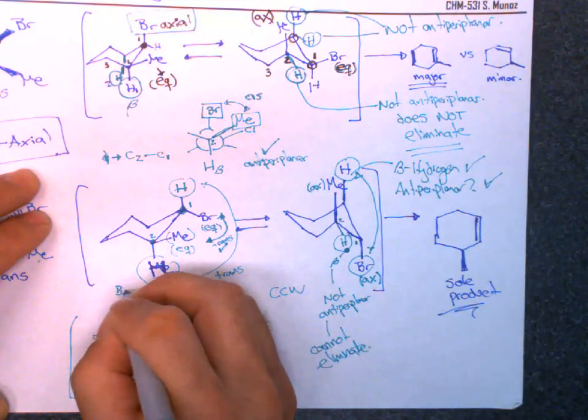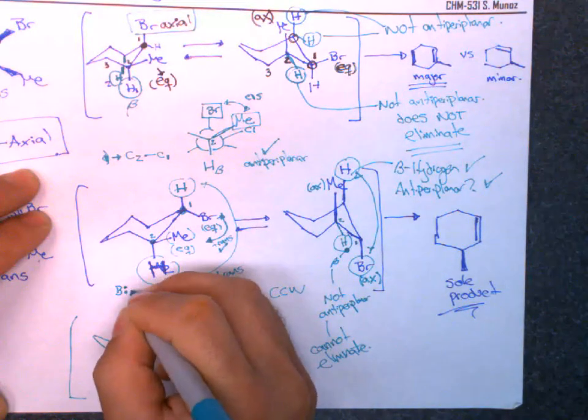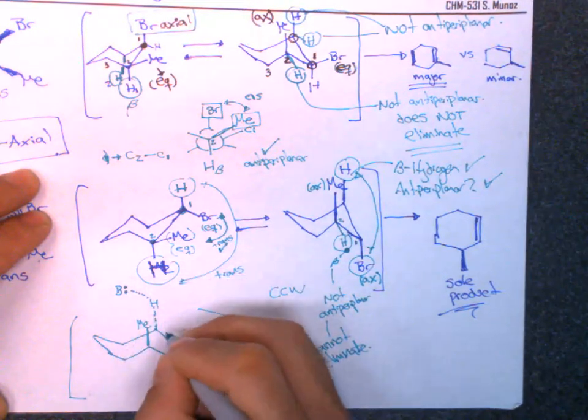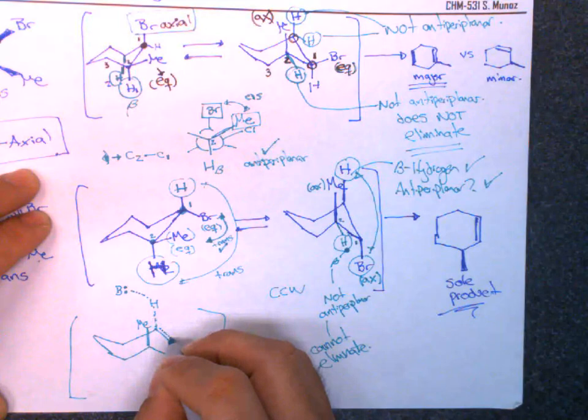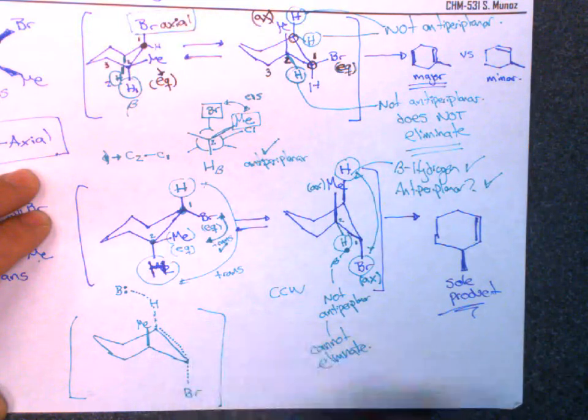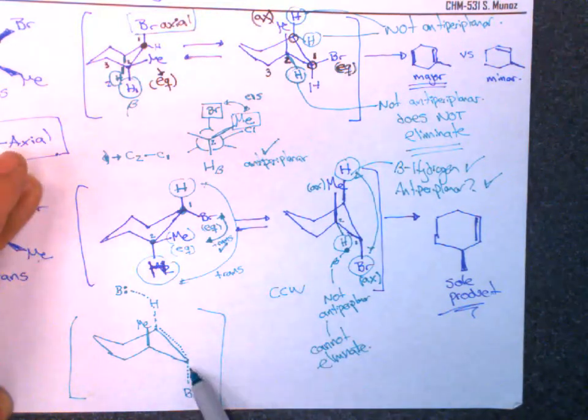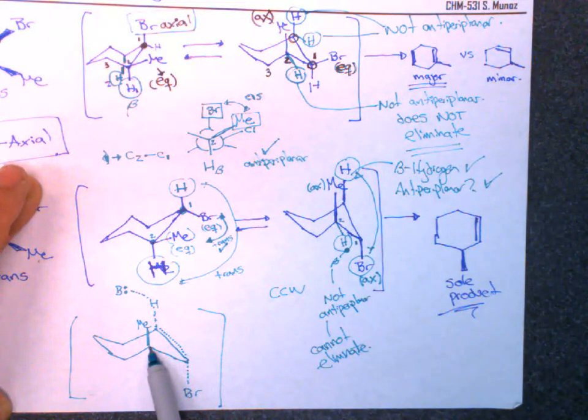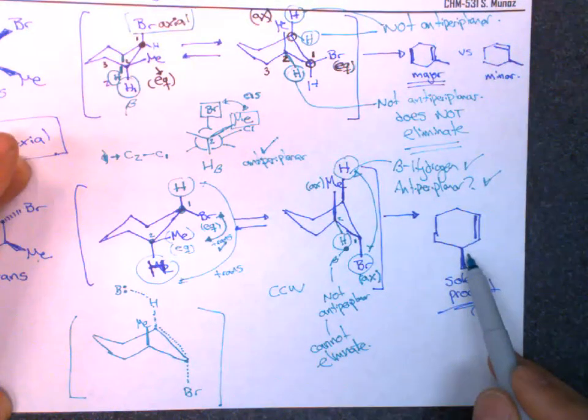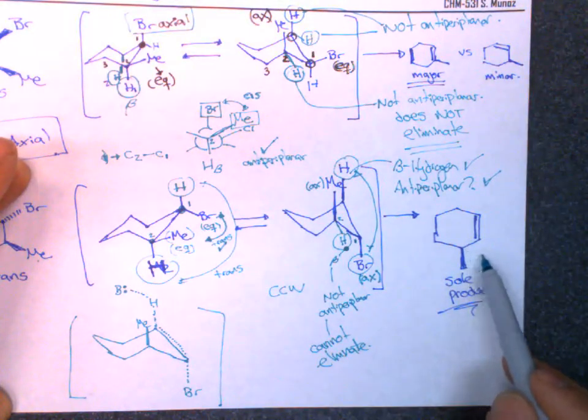And we have to draw our base. And this is the pi bond, the new pi bond. And so you see how we have a pi bond. Next, we have a methyl group, which remains untouched. And so this is the sole product right here.